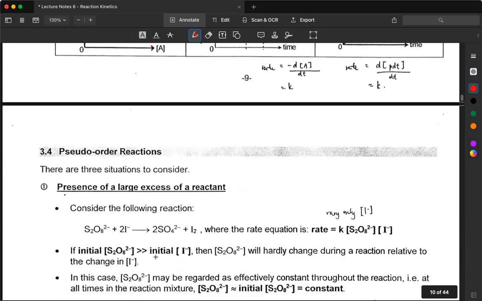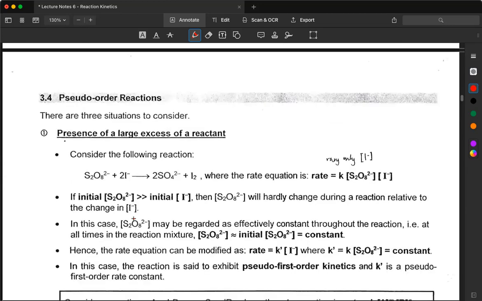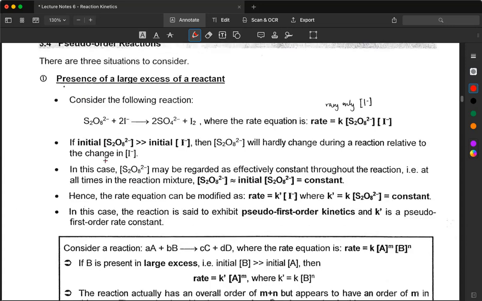Now, for pseudo order, there are 3 situations to consider. Number 1, the presence of a large excess of reactant. So consider this reaction where the rate equation is as follows. Let's say the initial concentration of S2O8 2- is very, very high as compared to iodide.